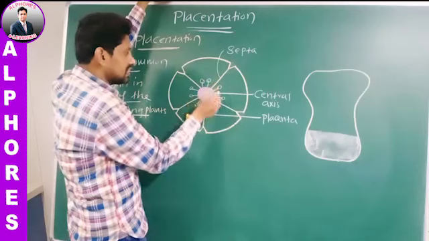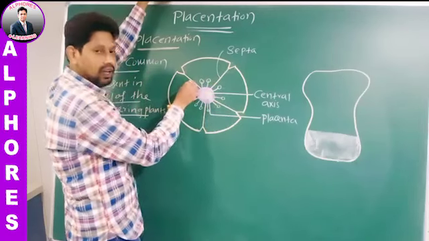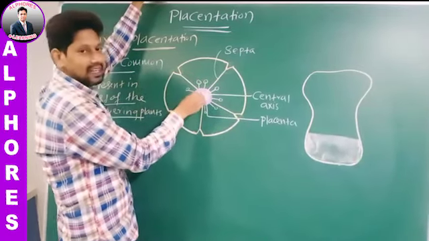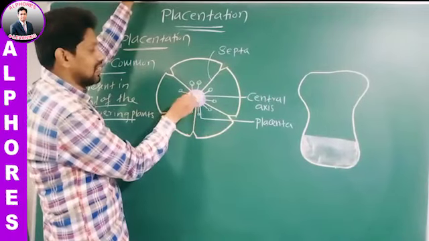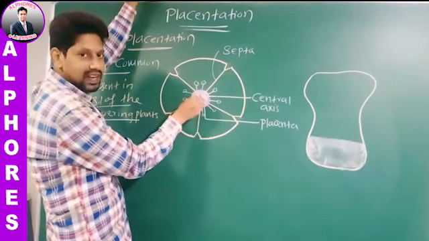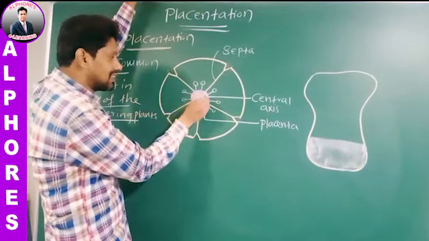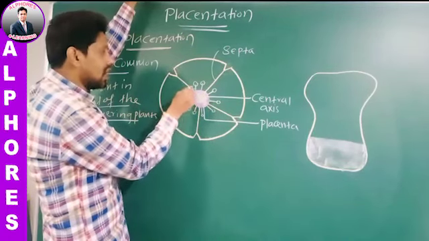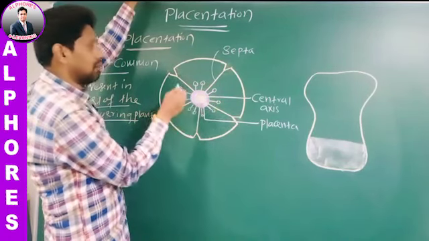These septa are fused at the center and form a central axis. On the central axis, the placenta is present, and on the placenta, ovules are present.